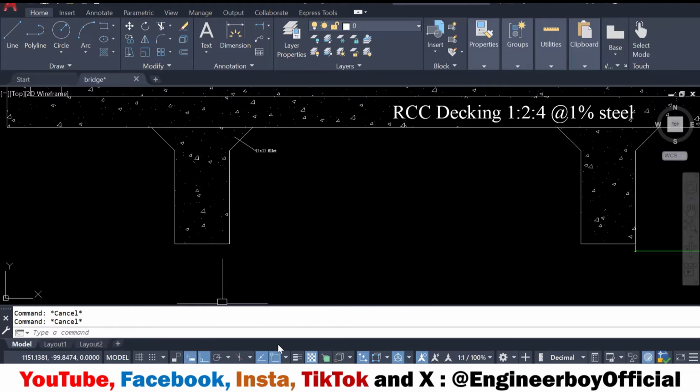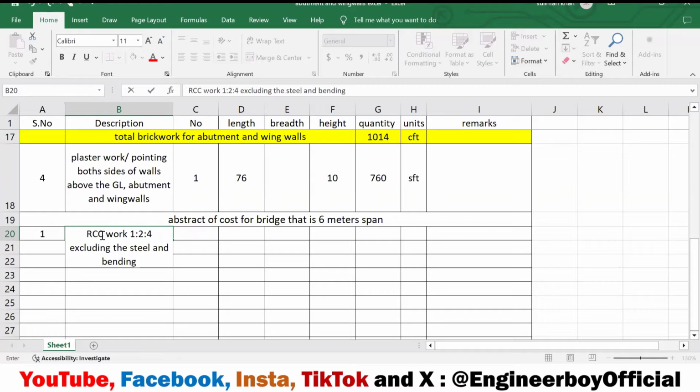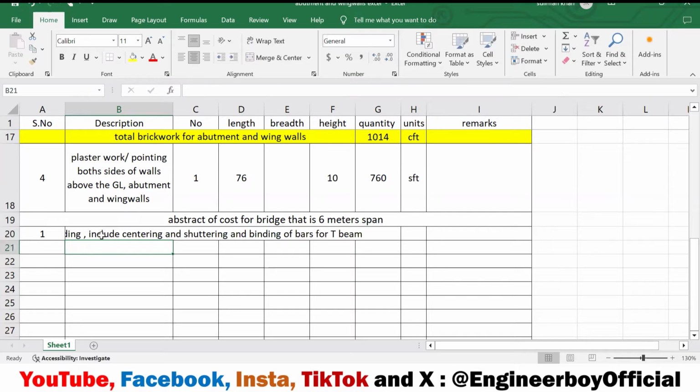Now, let me calculate the RCC work, which is 124. We already discussed this yesterday, if you remember. 124, excluding the steel work, maybe steel fixing and binding. However, I'll include centering, so this is the description.